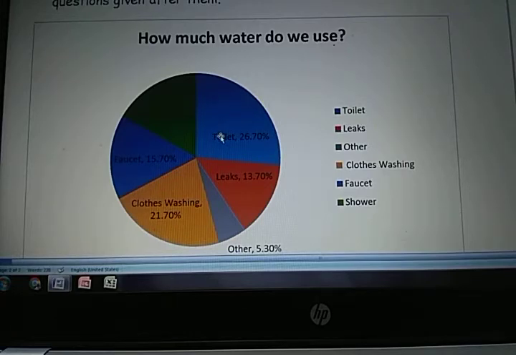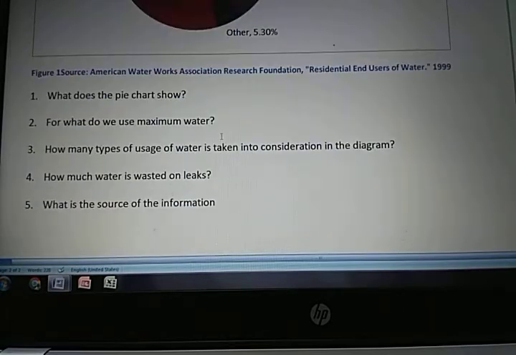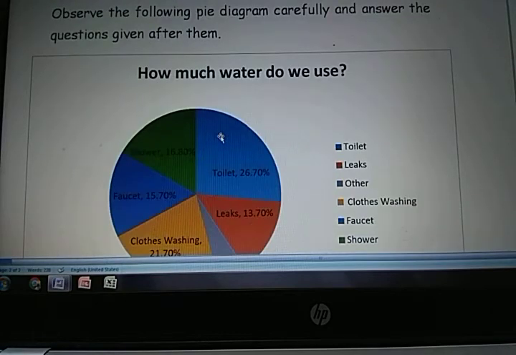A question is given. This pie diagram will be given, and next, some 5 questions will be given, and you are supposed to answer these 5 questions. For this, what I suggest is that you carefully study the diagram given. Everything you have to check. You should not leave any component.